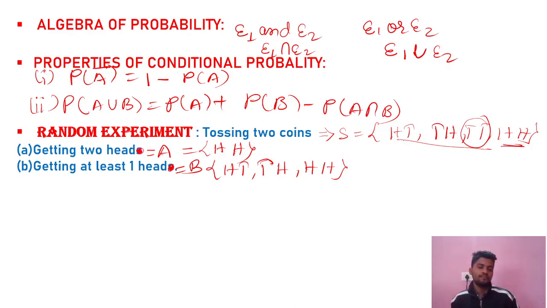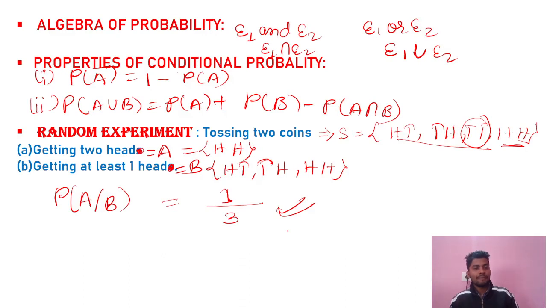Now, if we have to find the probability of A under B, meaning B has already occurred, then under B the sample space is B. So the number of B is 3, and under B the number of A is 1. So probability of A upon B is 1 by 3.